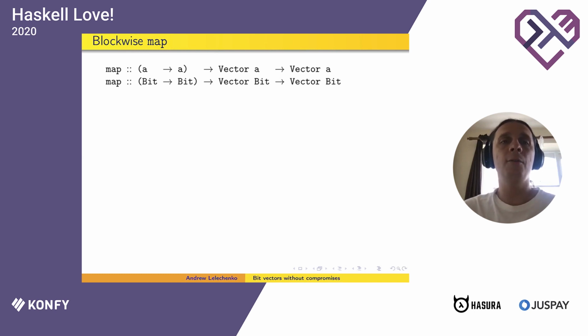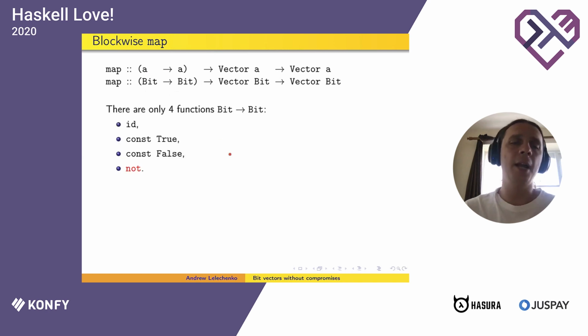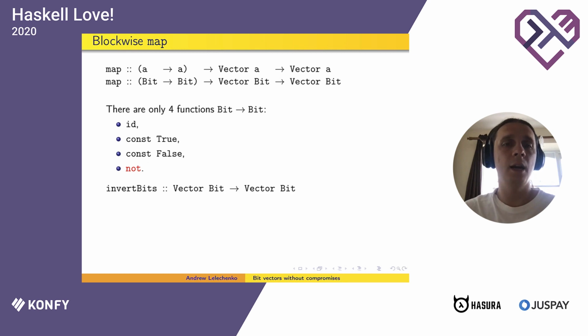But if we restrict our vectors to bits only, we see that map requires us to provide a function from bit to bit. And again, there are only 4 functions from bit to bit, and the only non-trivial one is not. So if I map my vector with not, I'm basically computing a complement of my data.